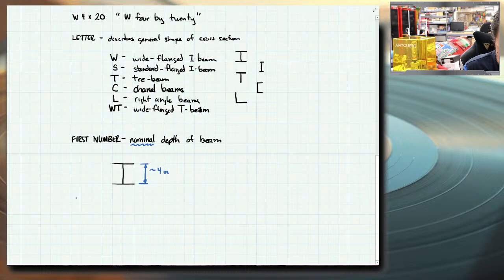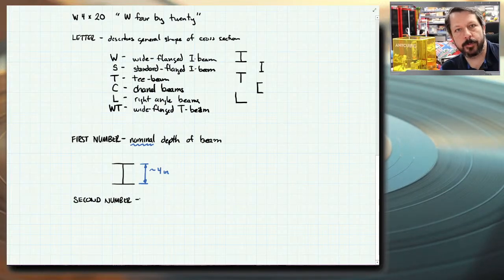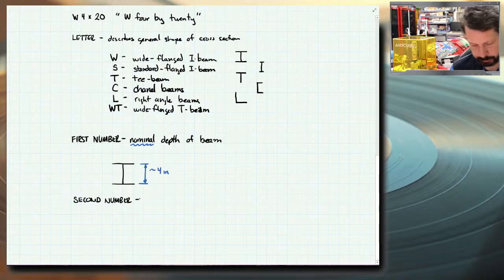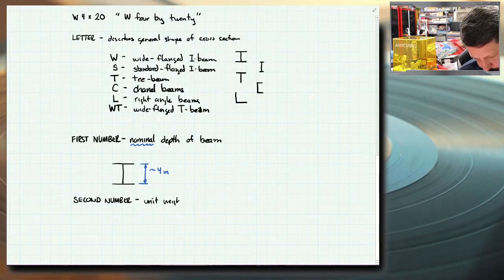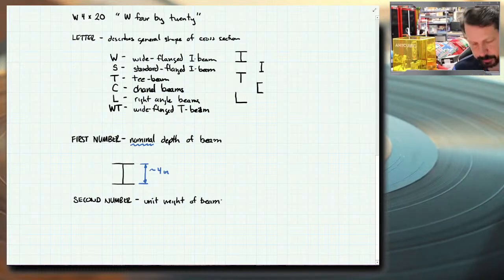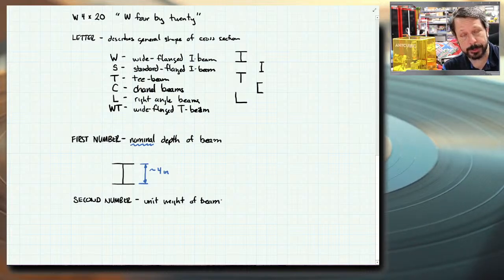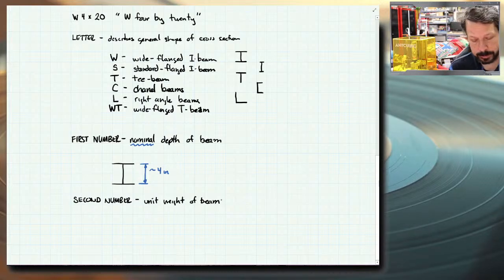The second number is the unit weight of the beam. So you have to consult your chart to see what the units are. But if we're thinking of this 4 as being inches, then the 20 is going to be pounds per foot.